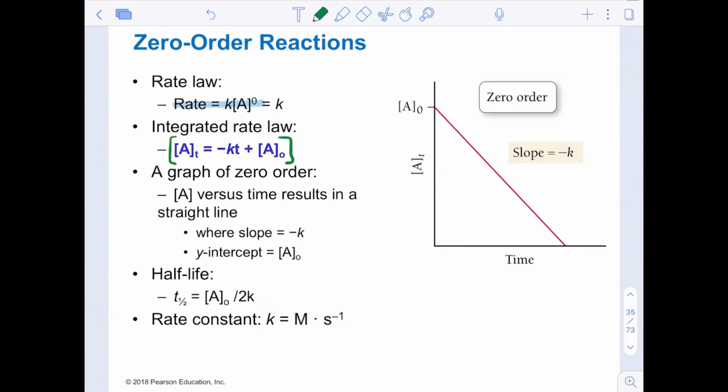Even though this is a zero order reaction, that means the rate itself, how fast or how slow something goes, is not dependent on the actual initial concentration of our reactant.